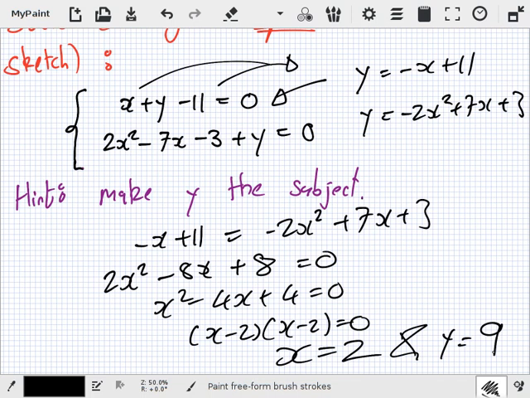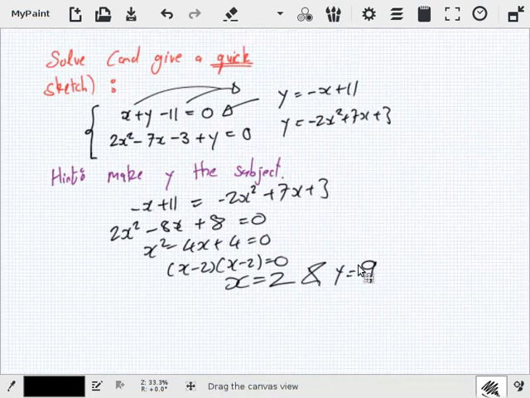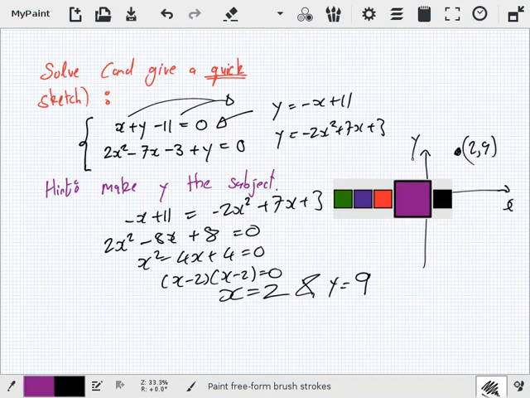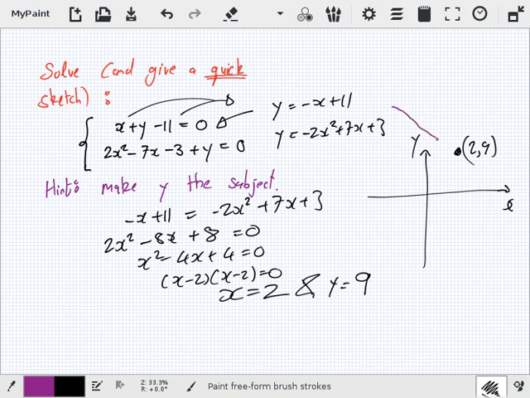Okay. Oh yeah, and I said a quick sketch as well. So, let me think. 2, 9. So I'll put that there. There's x. There's y. Okay, and this one. My line is going down, I think, because it's going down.